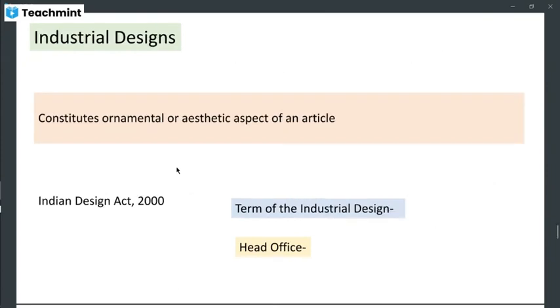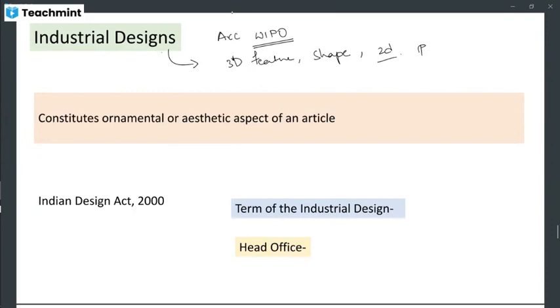And then coming to industrial designs. WIPO has given a particular definition of how to define industrial designs. According to WIPO, the World Intellectual Property Organization, an industrial design may be a three-dimensional figure, that is a 3D figure, or any shape, or a 2D figure, whatever it might be.